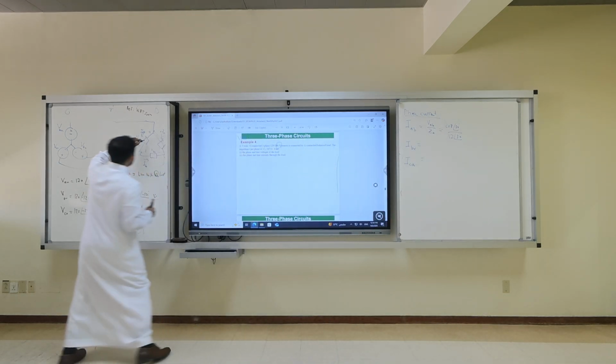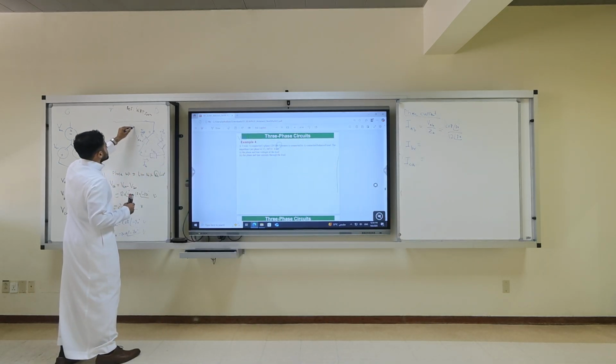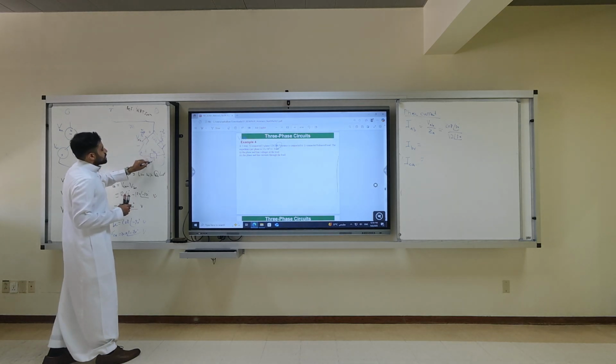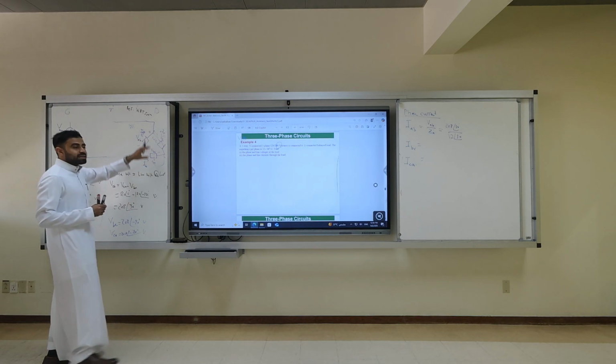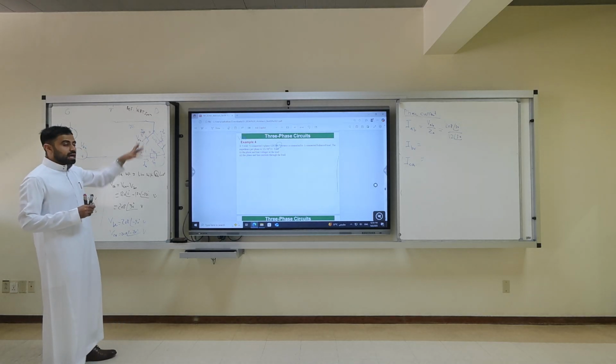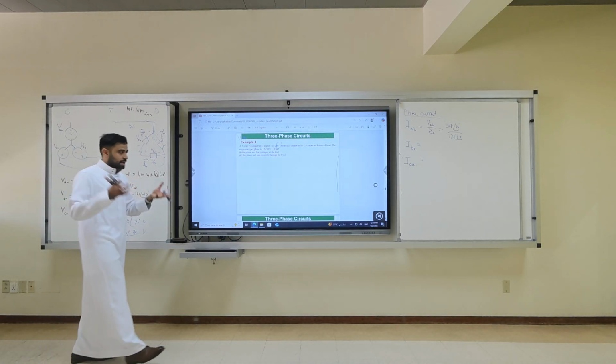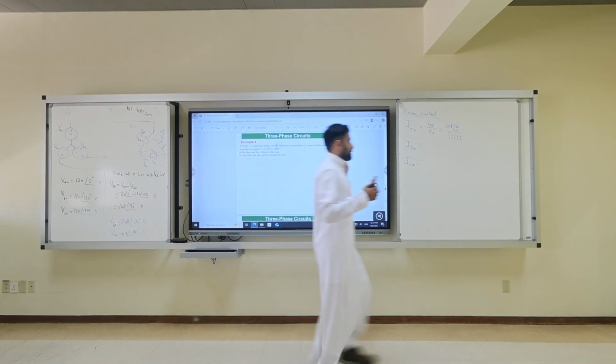Keep in mind that every one of those loads is 12 angle 30. This one is 12 angle 30. This one is 12 angle 30. Do not add 120 degrees at the loads. The load is fixed, it does not change. Okay? It's very important.